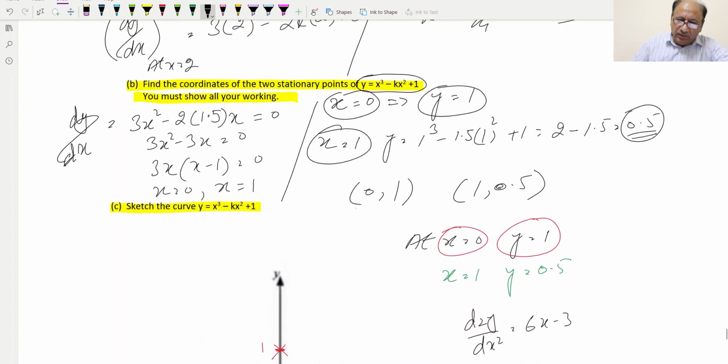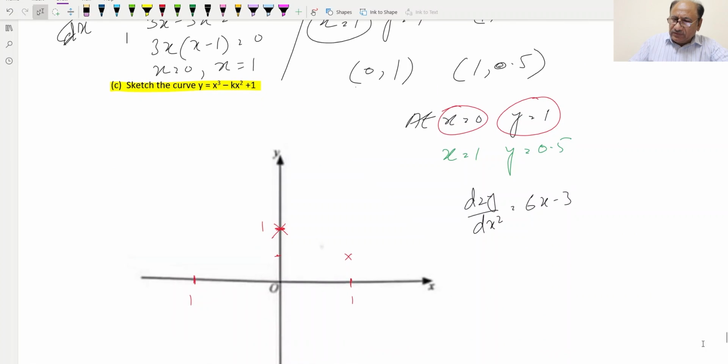We have taken the derivative of the derivative, of this equation which is dy by dx, so it will be 6x minus 3. Now d2y over dx squared at x is equal to 0 will be equal to minus 3, which is less than 0. Less than 0 means this is a maximum point.